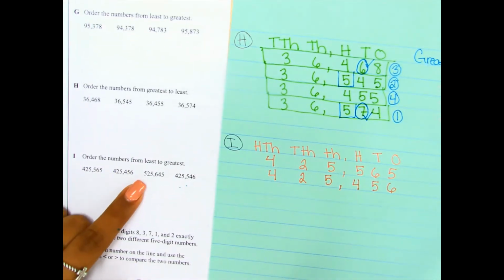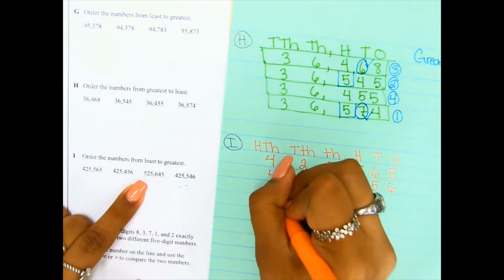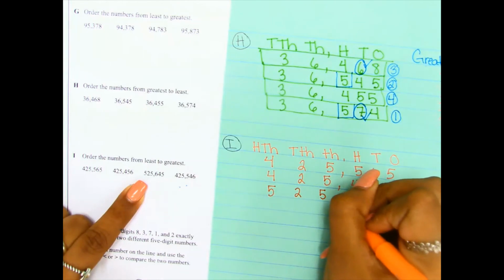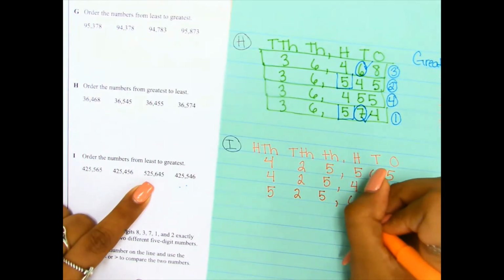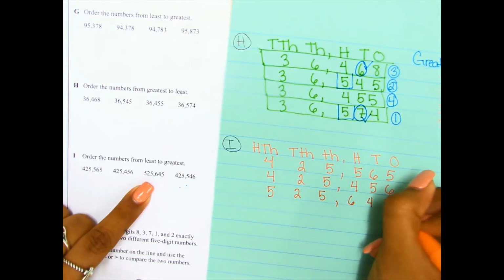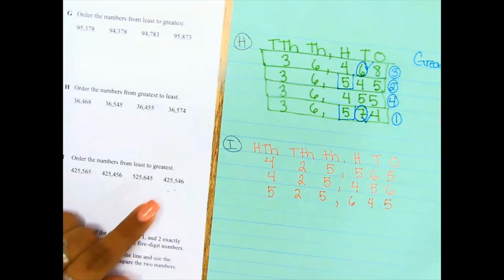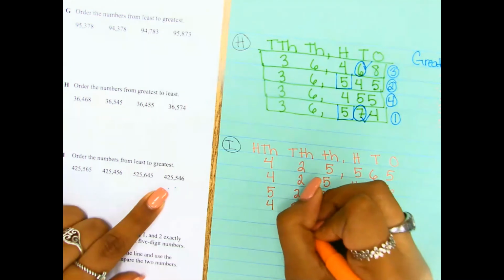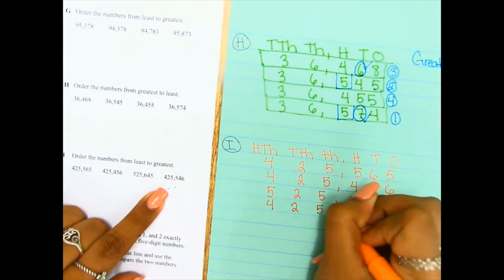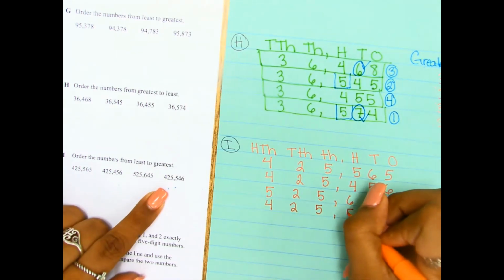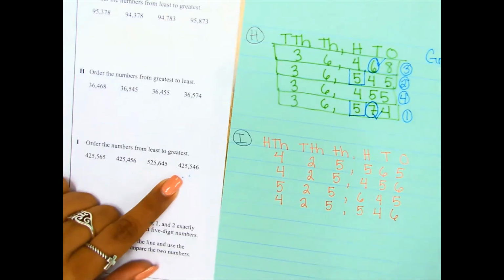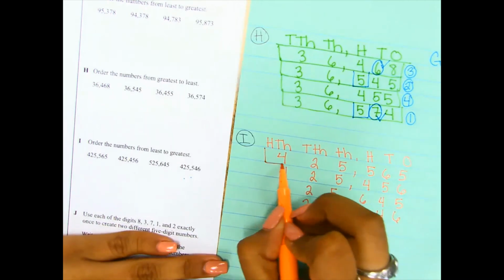Now for my next one, I have 525,645. Now, for my last one, I have 425,540. These are the numbers I am comparing.